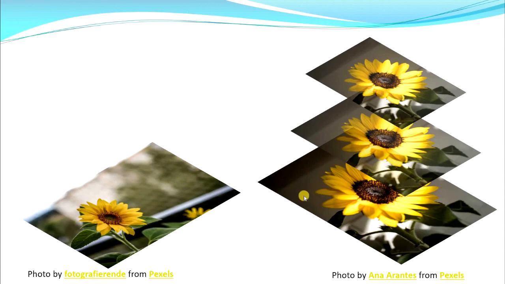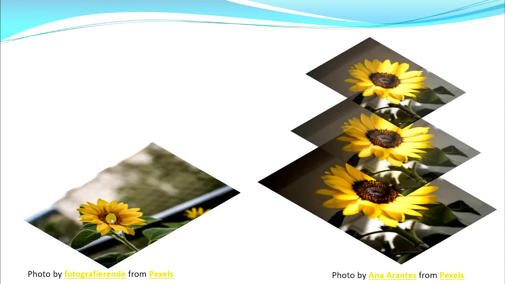Like this, we'll be able to match both of these. You can see that this sunflower is somewhat similar to the size of this sunflower. So this is the step by which SIFT becomes scale invariant. This is the scale space, and I'll talk more about the scale space in my upcoming slides.